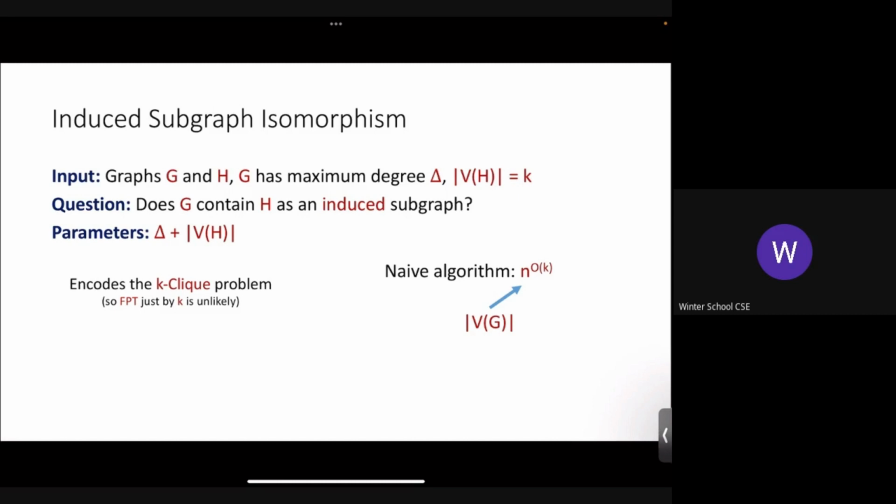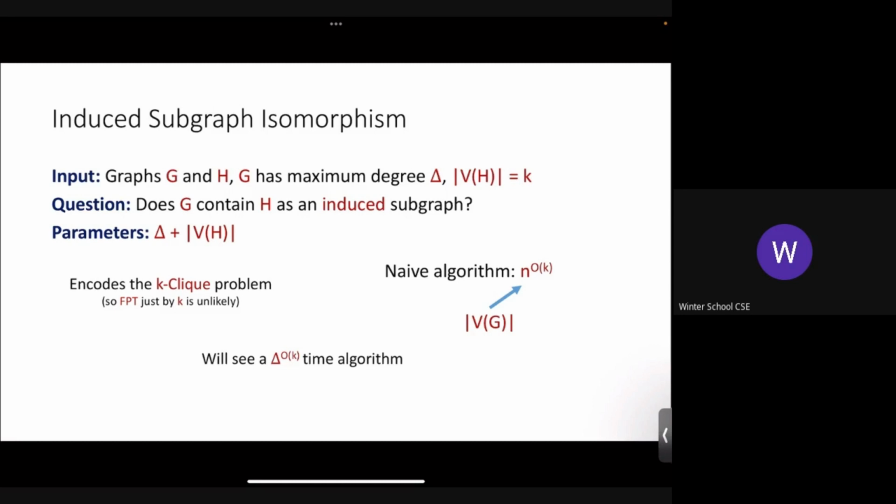This is why the parameter here is not K but delta plus K, because the problem would be W[1]-hard if we parameterized by K alone. So I will give you an algorithm of running time delta to the power K.